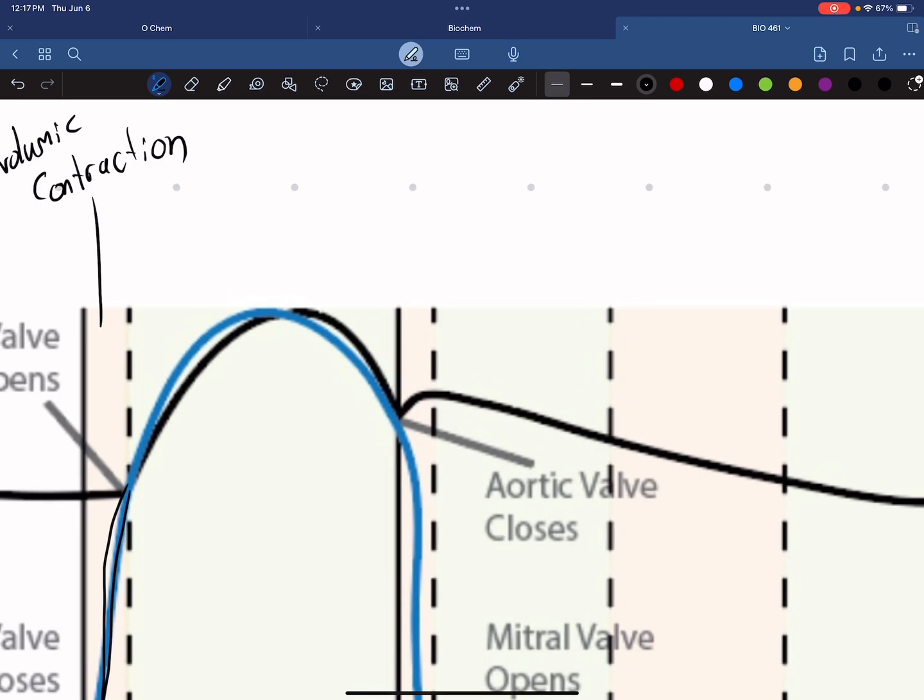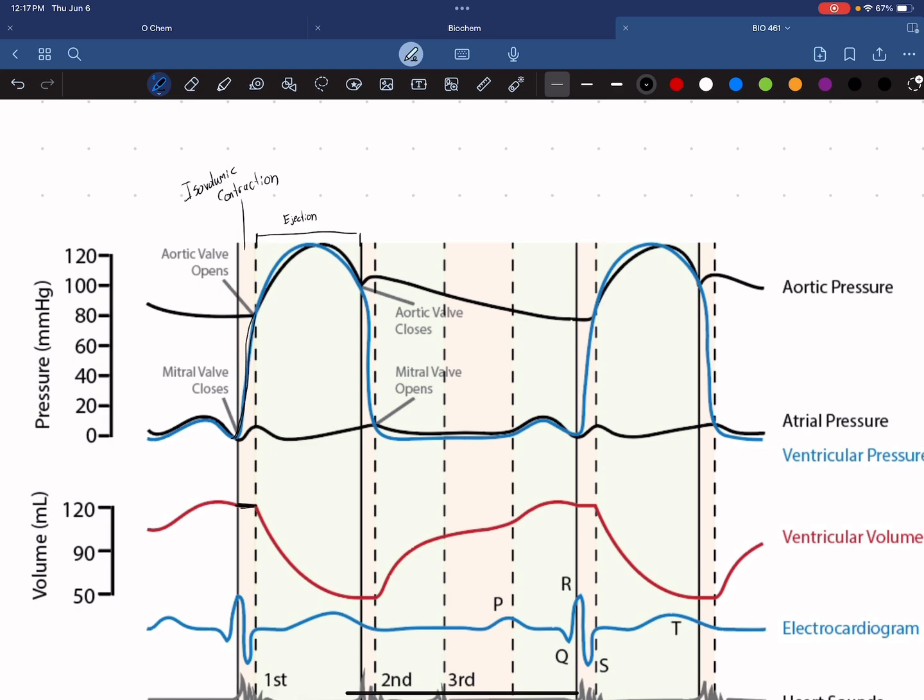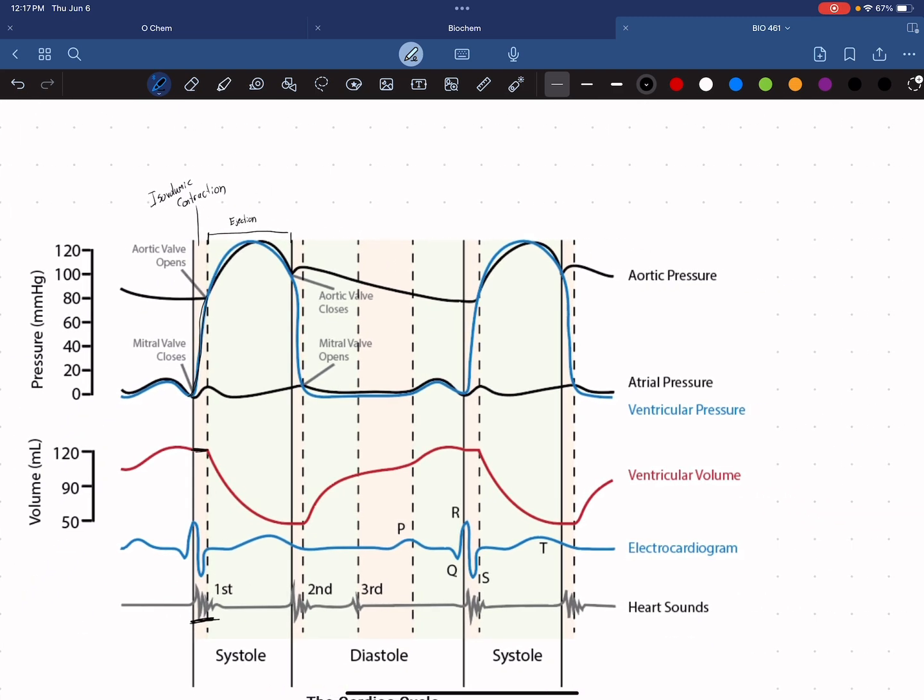Now this second stage, from here to here, we will label ejection. During this stage, the ventricles contract and the pressure will continue to increase. But the volume will go down.